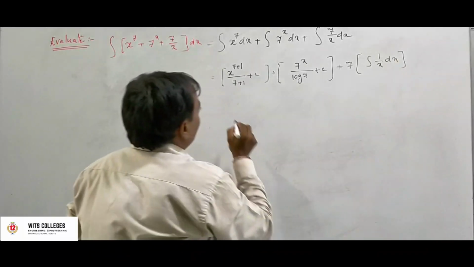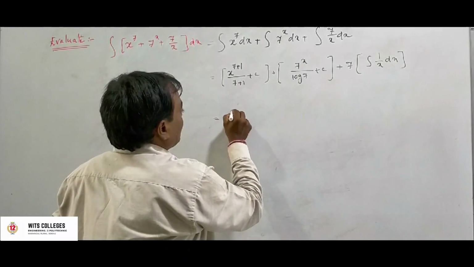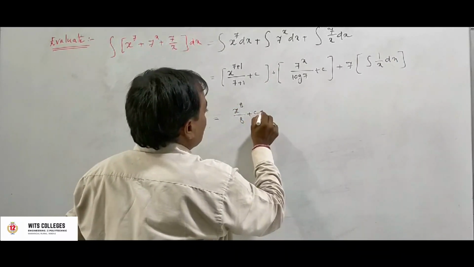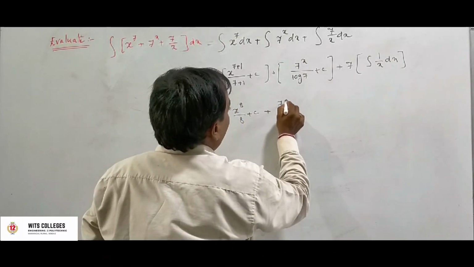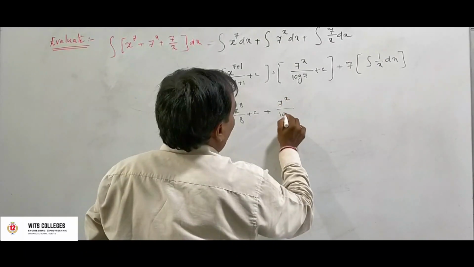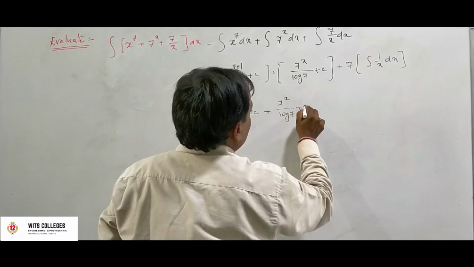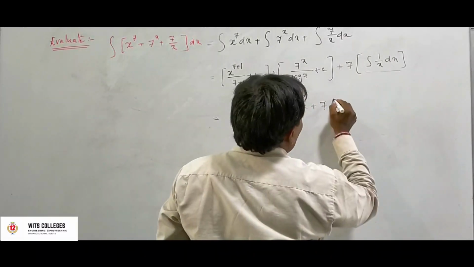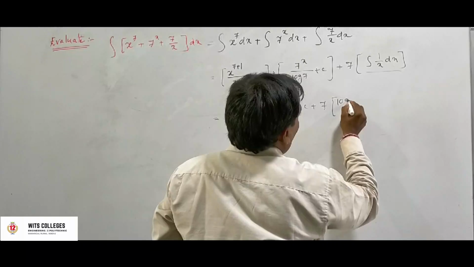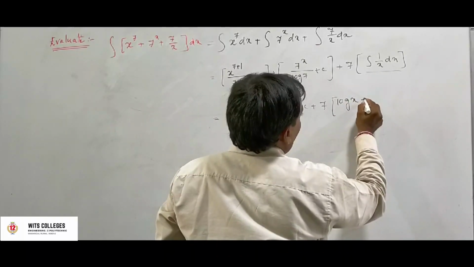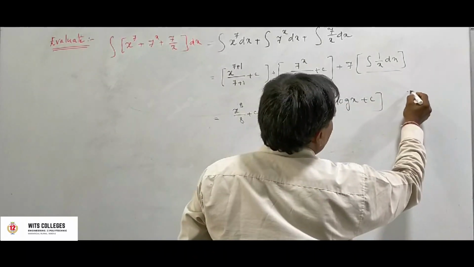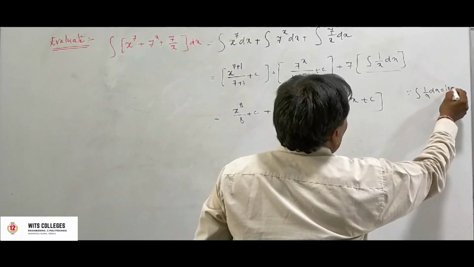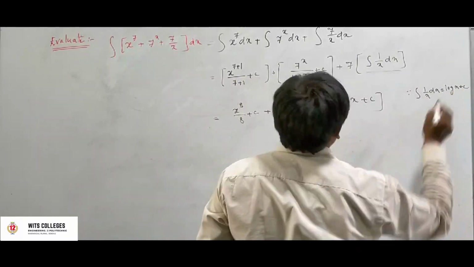Now this implies x to the power of 8 by 8 plus c plus 7 power x by log 7 plus c plus 7 log x plus c. Why? Because this integral 1 by x dx equals log x plus c.